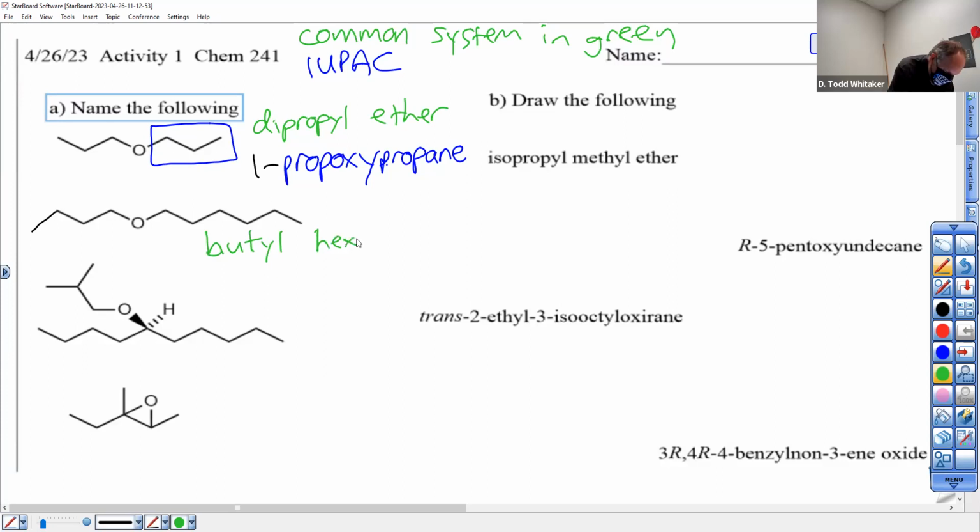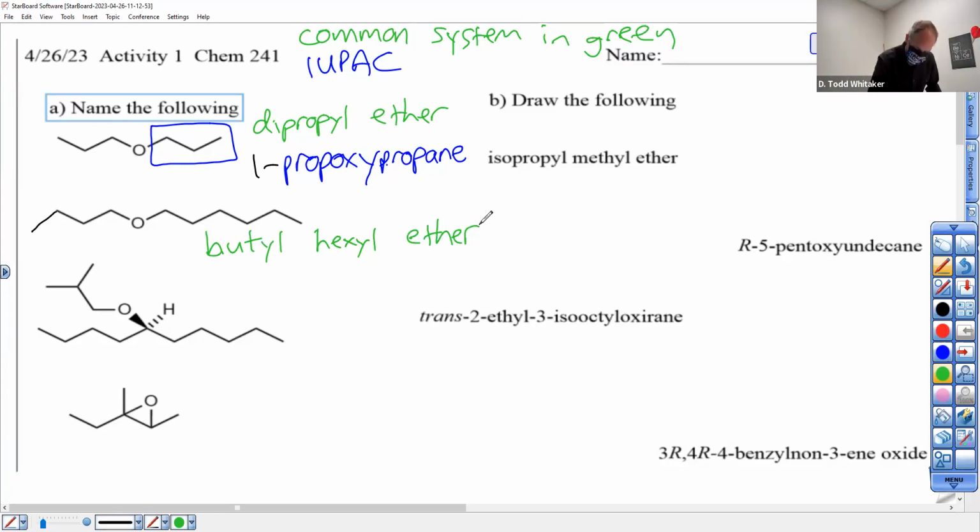Separate word. It's 3 words. And it's got to be the easiest system of nomenclature ever, isn't it? You name the 2 R groups and tell me they're attached to oxygen. What word says they're attached to oxygen? Ether. There you go.